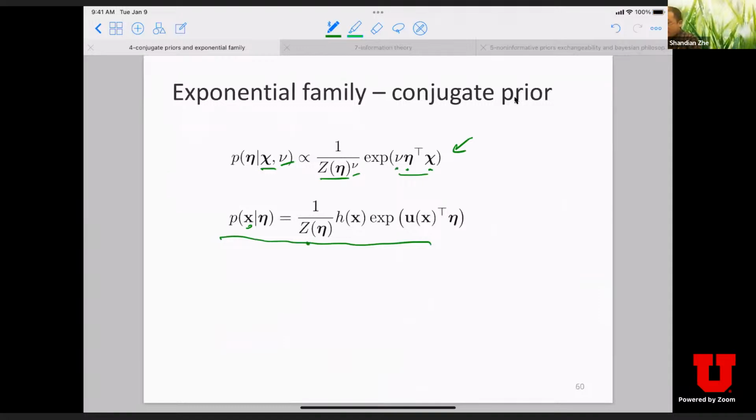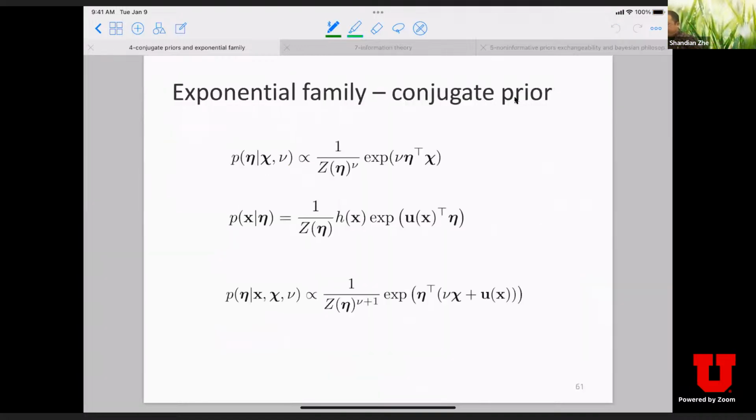To see this, let's try to compute the posterior distribution of the natural parameter eta. We know that the posterior distribution of eta, given x and given the prior parameters kappa and nu, is proportional to the prior multiplied with the likelihood.